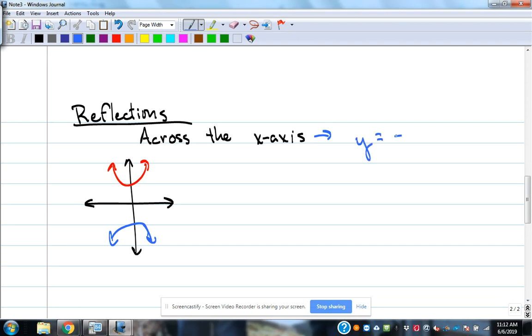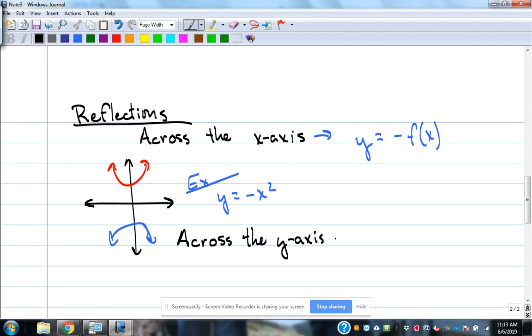The way that it's done is this is where the negative comes in. It's a negative on the outside of the function. For example, y equals negative x squared reflects it across the x-axis. Across the y-axis is a horizontal movement, so that's going to happen on the inside. Our equation is going to have the negative on the inside.